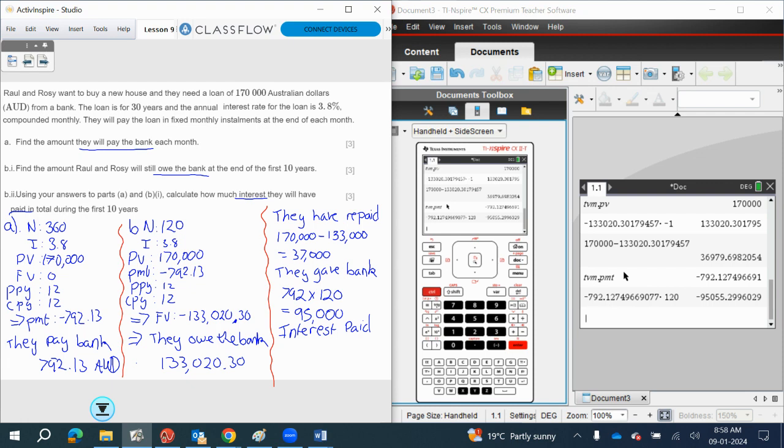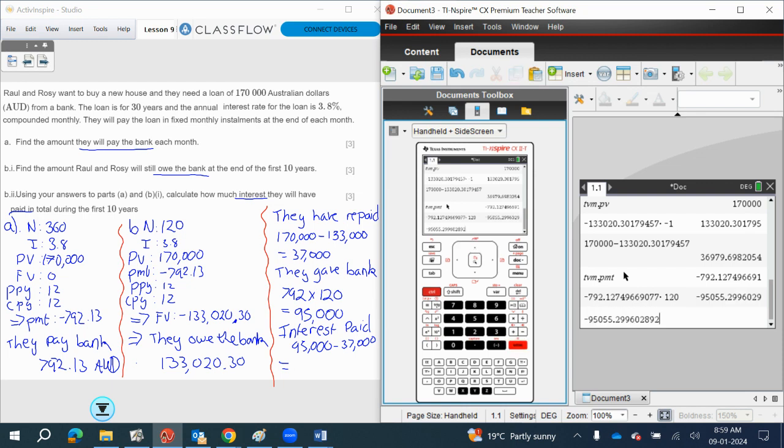Subtract 37,000 from 95,000. So 95,000 minus 37,000. I'll do it in three significant figures again, and I'll answer in exact, in two decimal places now. So I'm using the exact values over here. Where's my 95,000? That's this one. Let me make that positive.